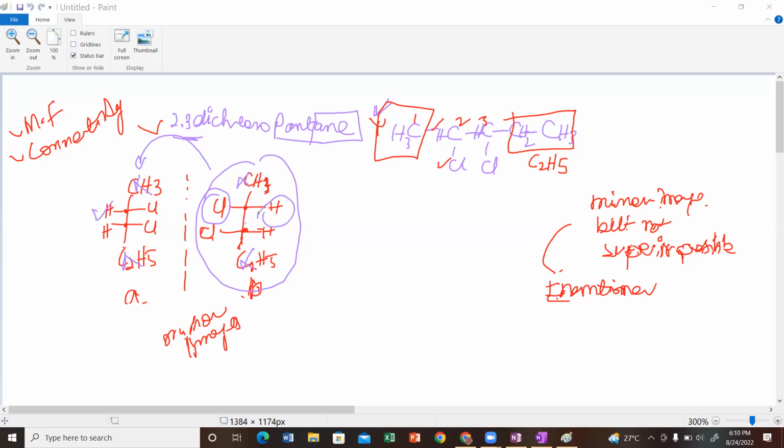This hydrogen, being light in nature, cannot hide this chlorine. So if I lift this and place it over this molecule, the chlorine will still be visible. Why are both chlorines visible? Because here two small atoms are attached which cannot hide chlorine. So that means structure B is not superimposable on A.